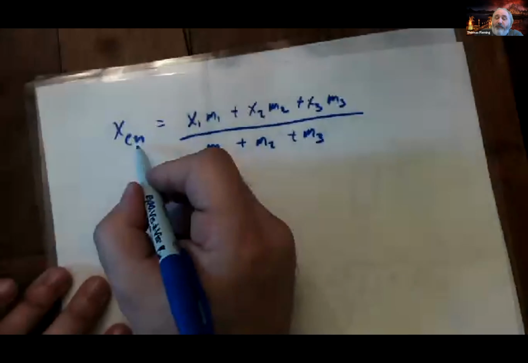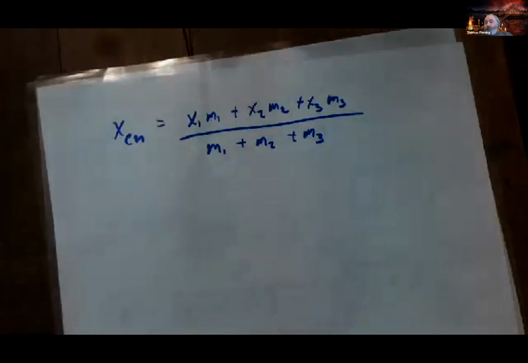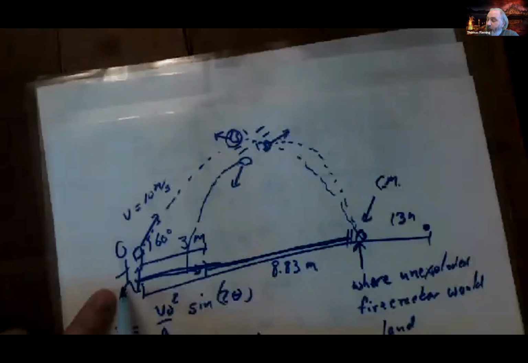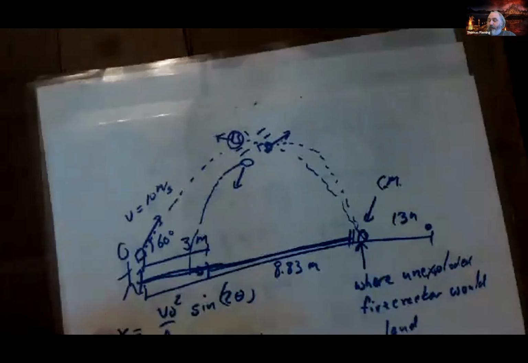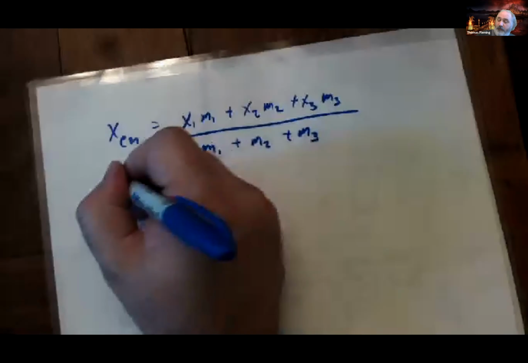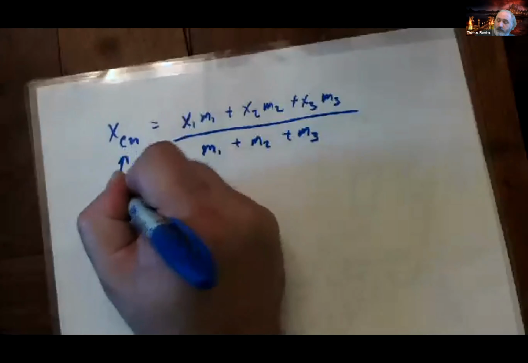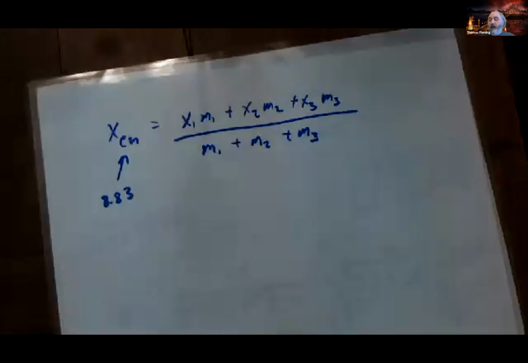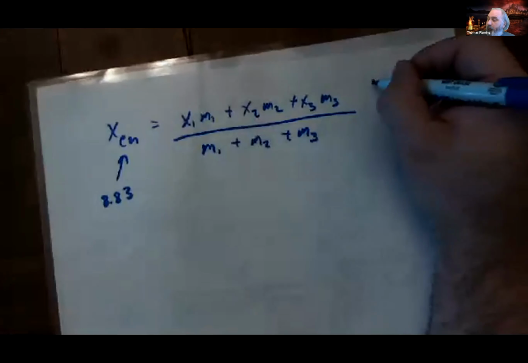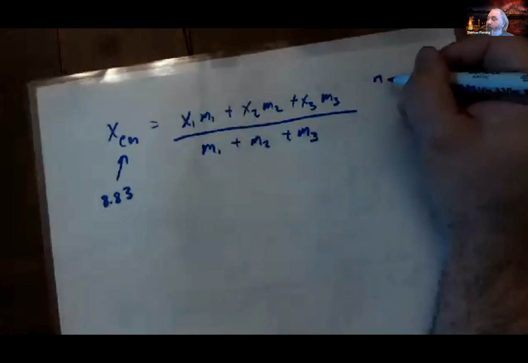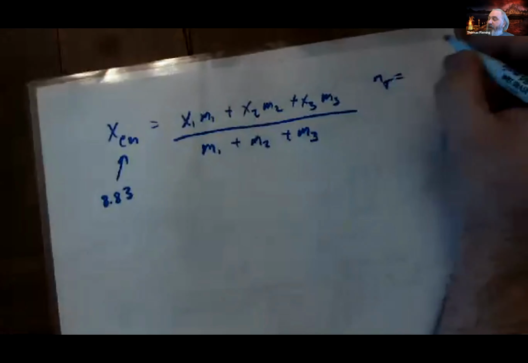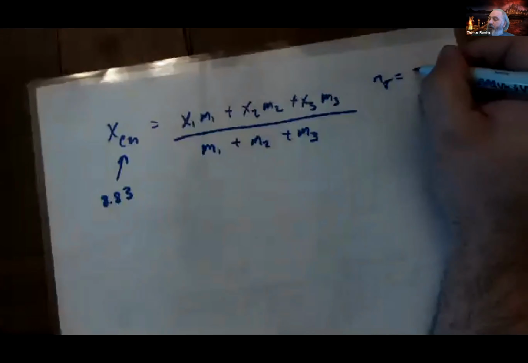And the position of the center of mass has to be 8.83 meters away from me. So this is known. Let's assume that the masses break down as follows. Let's say that the whole firecracker is, I don't know, 50 grams.